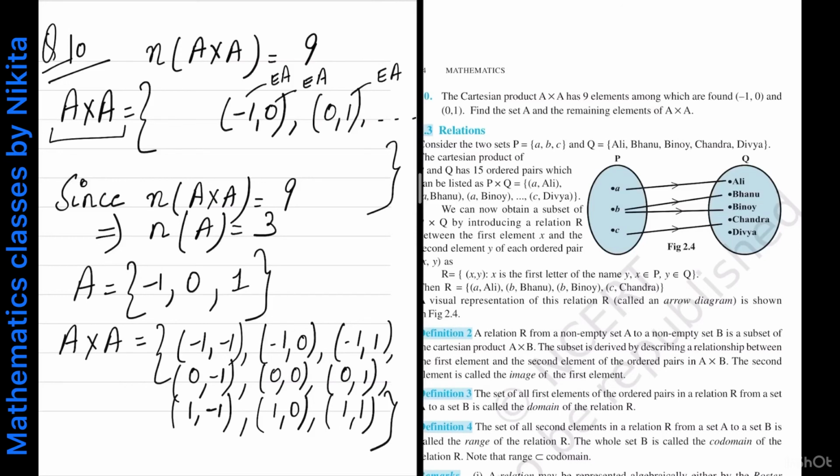So that means you have to associate each element of A with each element of A. You can see that it has 9 elements. Very easy exercise. Just again and again I am saying please revise the definition and the basic concepts. Once the concepts are clear, there is no difficulty in solving the exercise.